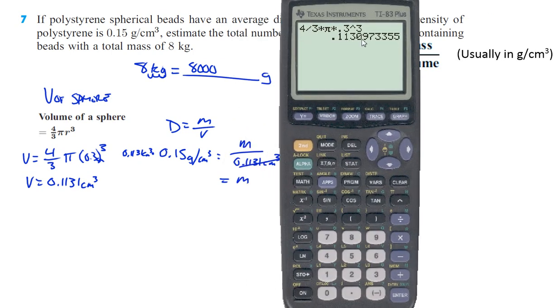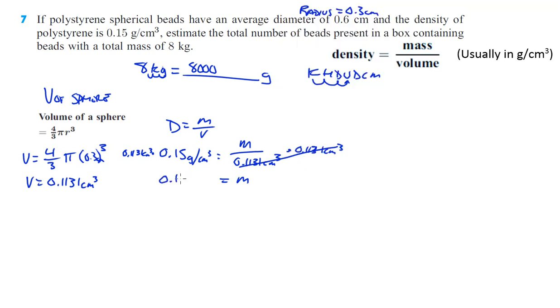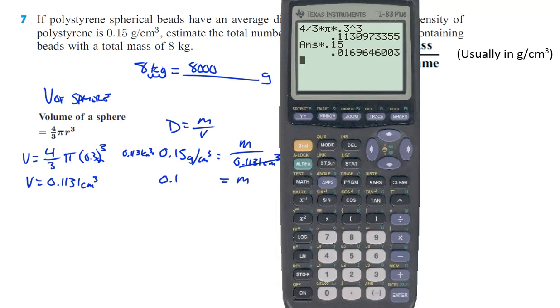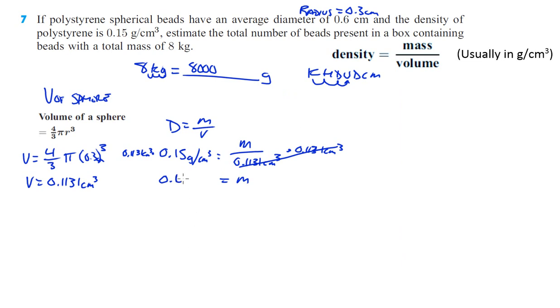Okay, so there's our 0.1131. Multiply that by 0.15, and we get that the mass is pretty small, 0.1696. Wait, I think there's a 0 in there. Yep, 0.01696.